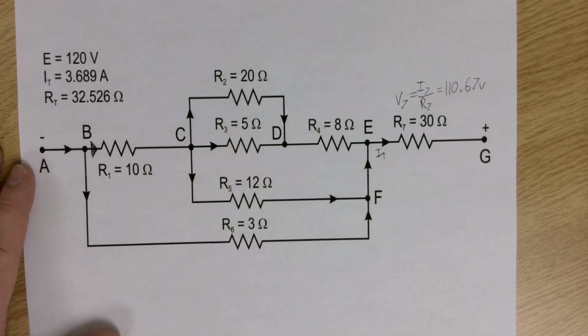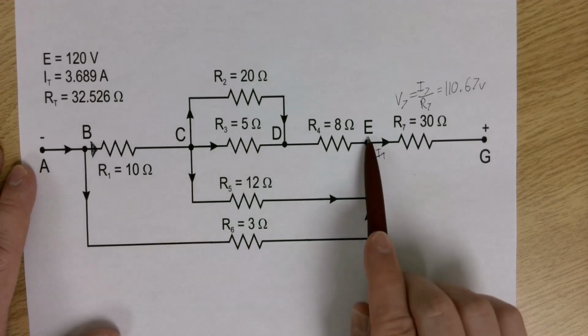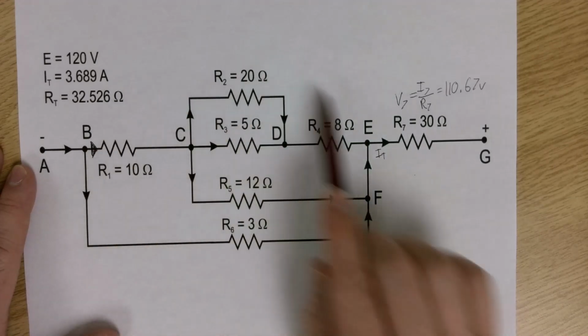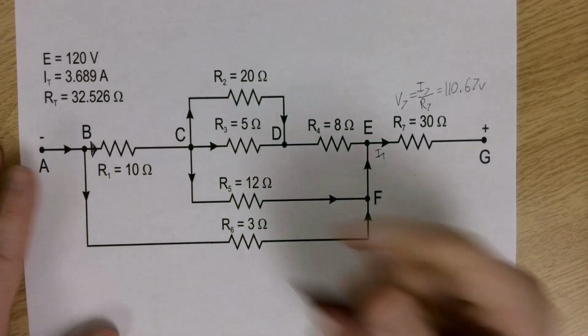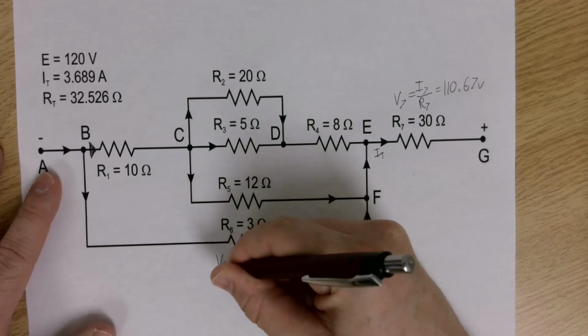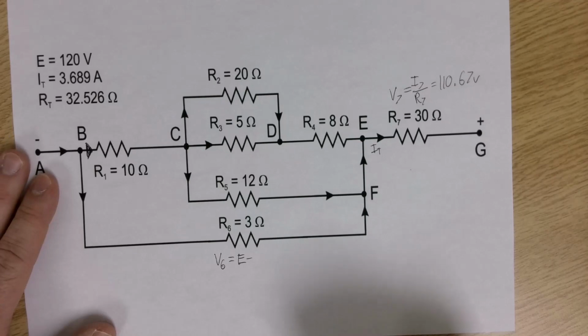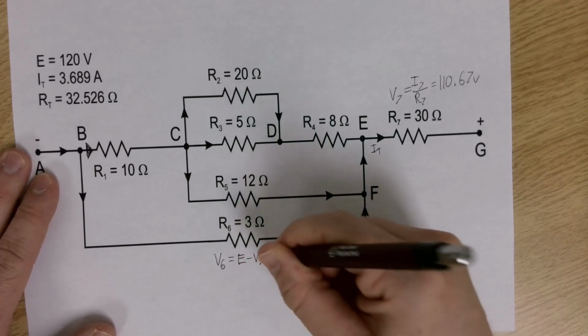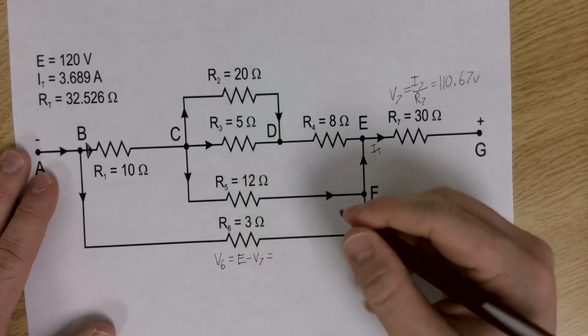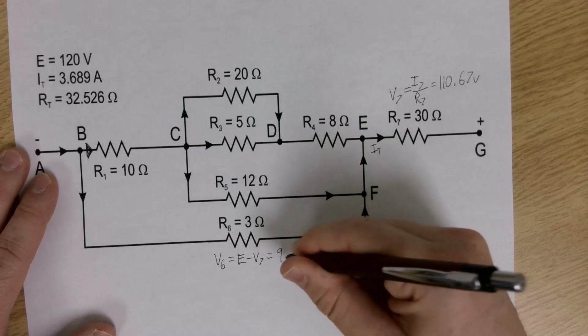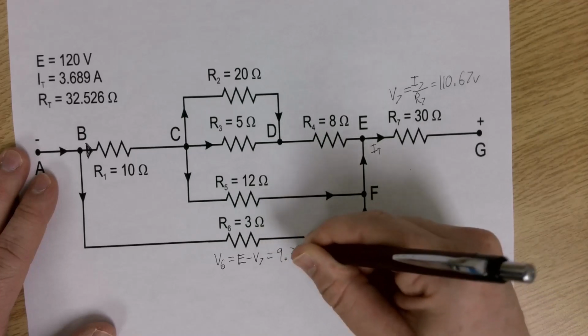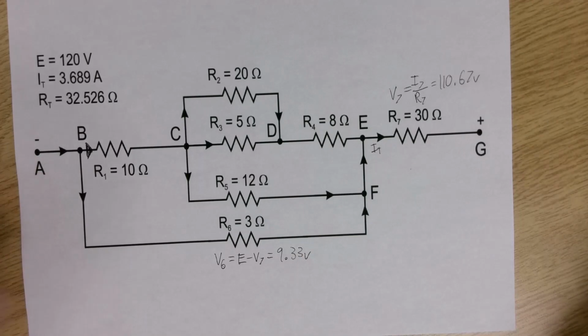So if I'm looking at R6, which is in parallel with everything in this part of the circuit, the voltage drop across R6 is going to be equal to E minus V7, which is going to equal 9.33 volts. Cool.